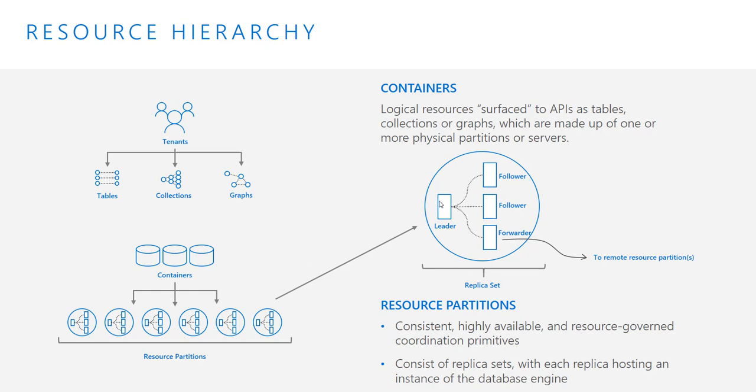When you write the data, it's written to a leader, and then it copies this to 3 different places, of which 2 are followers and 1 is the forwarder, to move that data to the remote resource partition if you have geo distribution enabled. So as you can see, your data by default is written to 4 places. That's why we guarantee you 5 nines availability, like your data can never be lost.